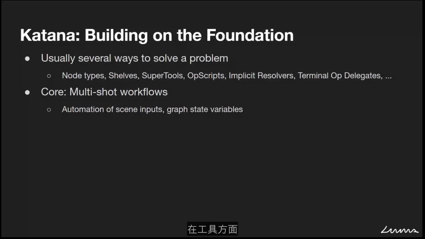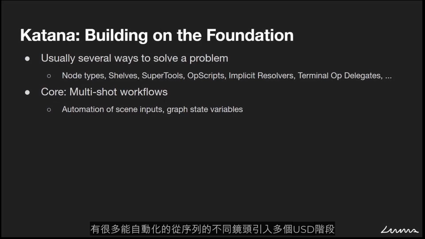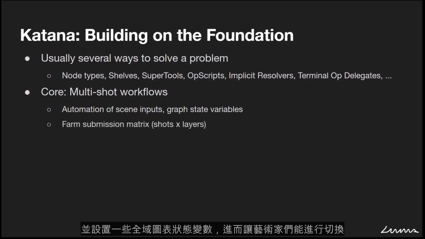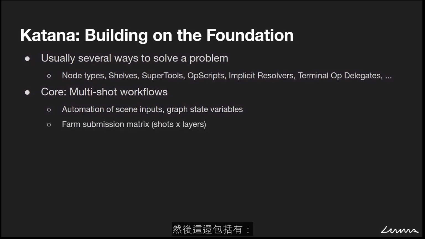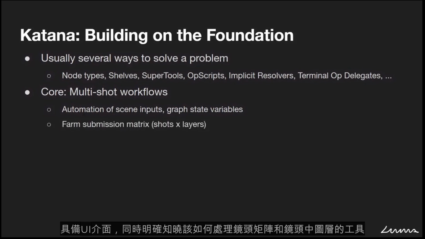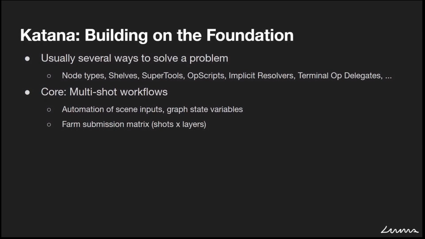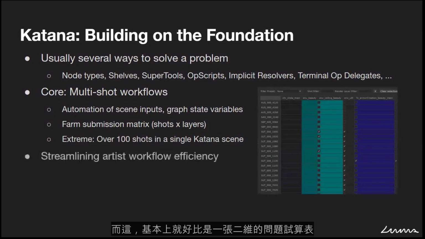In terms of tooling, there's a lot of automation of bringing in a bunch of USD stages from different shots in a sequence, and setting up some global graph state variables to allow the artist to switch between them. This also includes things like having a UI tool that knows how to deal with a matrix of shots and layers in those shots, which is essentially a 2D spreadsheet problem.